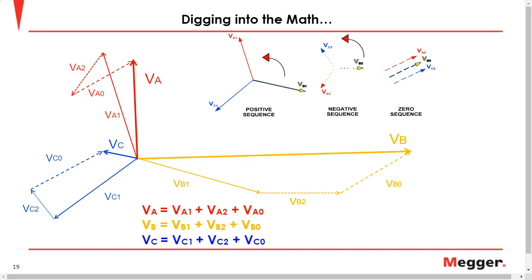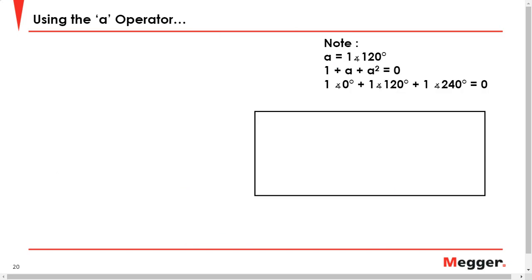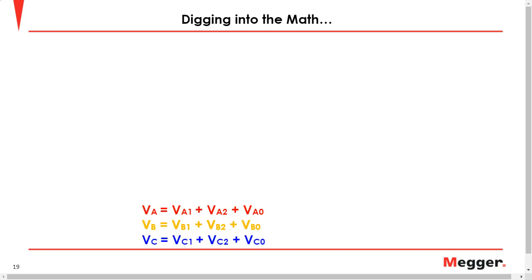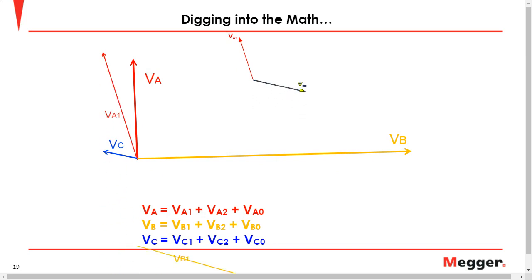The advantage of this is that now we have 3 systems. This could be solved as per phase equivalent. But the problem here, and I'm going to step back 1 second, is that our VA, VB, and VC are known values because we're monitoring them with either our bus or our line PTs.